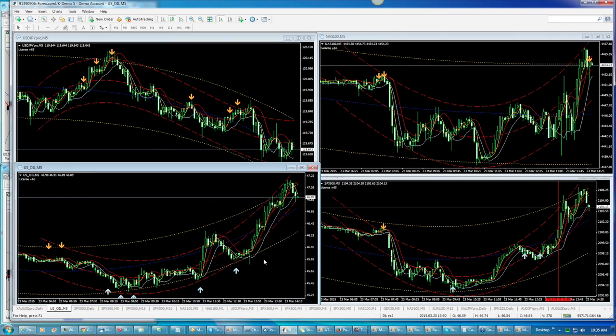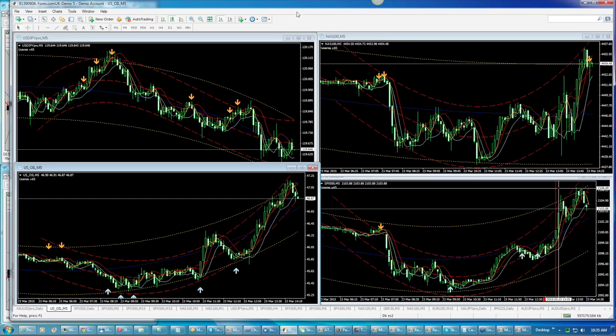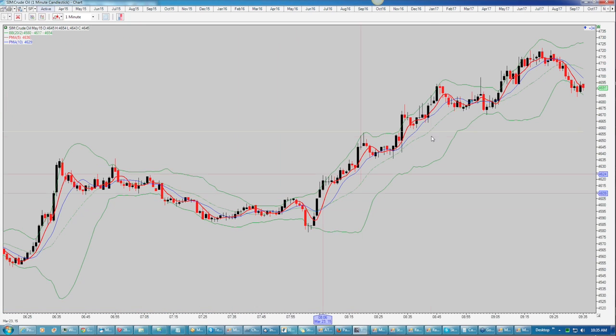Go to 5-minute. Two trades so far. The first one won't show up on here because it didn't hit this.